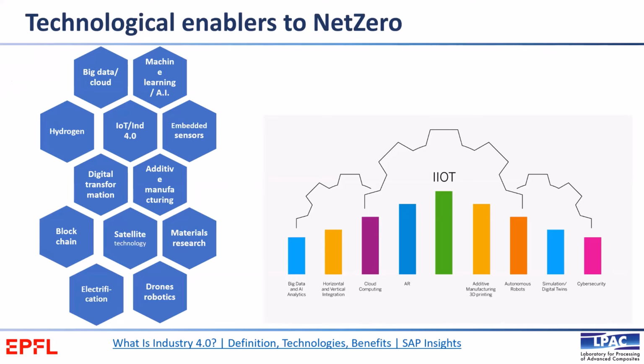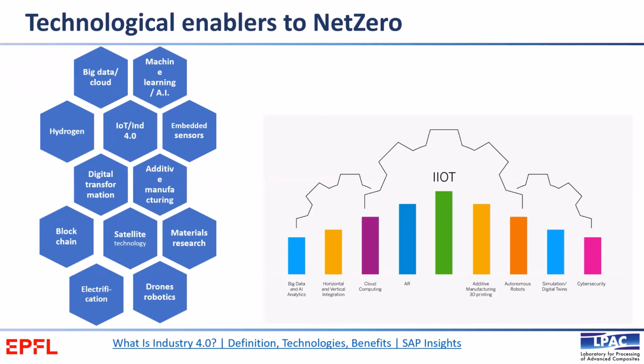What are some of the technological enablers to net zero? Looking more at technology. Lots of things we're doing at EPFL: big data and AI, machine learning, the Internet of Things, putting lots of sensors in products so we know when they're wearing out, when they need servicing, to avoid throwing them away. The cloud, lots of capturing all this data. A bit about additive manufacturing, and we'll look at that in the third lecture.